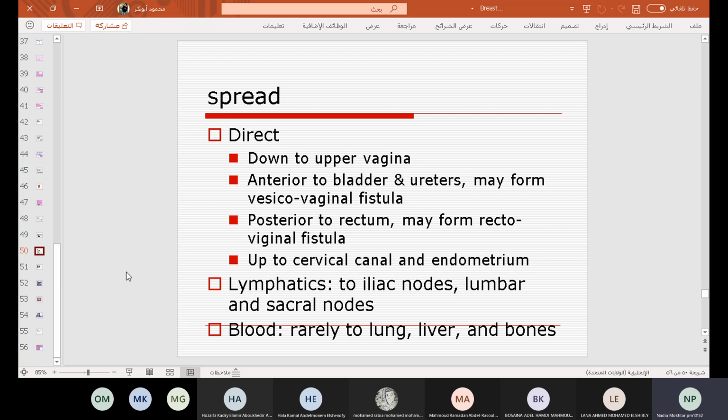This is direct spread. Lymphatics: here of course not axillary, so it goes to the iliac nodes or the lumbar or the sacral nodes. Again, you should mention those by name. Blood, again as we said in the breast: lung, liver, bone, brain, whatever. So this is the spread for cervical cancer. Next.